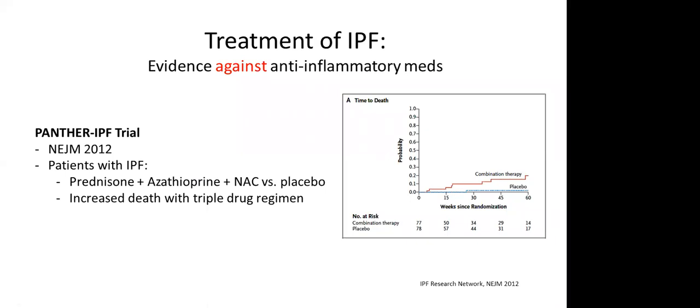So people thought with IPF there must be really strong inflammation because there's so much fibrosis. So let's give these really strong anti-inflammatories. And it actually looks like treating with anti-inflammatories was worse than just placebo. So this is why it's important to identify IPF specifically and just treat with antifibrotics and not try anti-inflammatories. They're not going to work and they might make things worse.